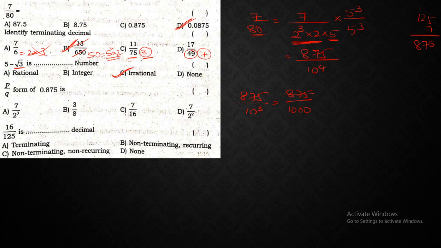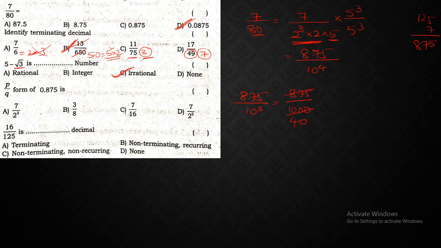So 25 3s are 75, or simply what we can say here, this is 875, no? So 1000 means 25 4s 100, so 10, so 40. How many 25s are less here?